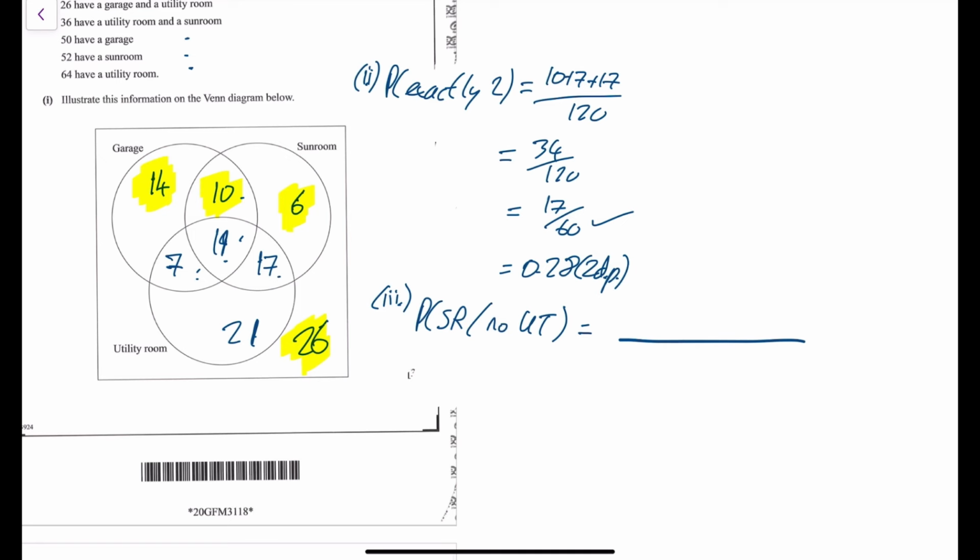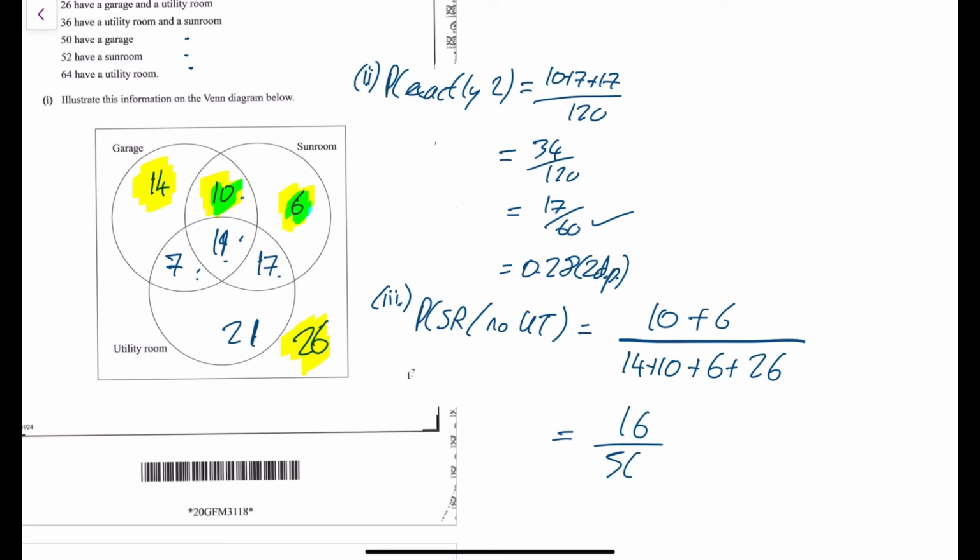So we're zooming in on those. You'd have 14 plus 10 plus 6 plus those 26. And then what is the probability that it has a sunroom? So the sunroom people are those 10 and those 6. So that is 16 over, and I don't know what this bottom line is because I'd forgotten the 26. 14 plus 10 plus 6 plus 26.